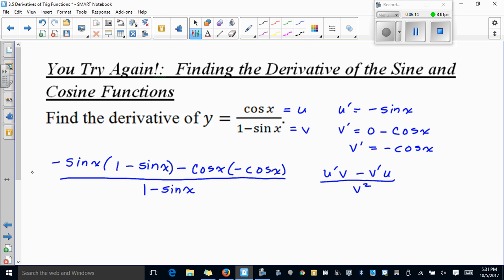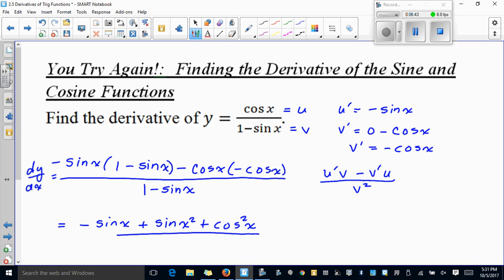So I get negative sine of x plus, two negatives make it positive, sine squared of x, two negatives make it positive, plus cosine squared of x, all over 1 minus sine of x. Ooh, this guy's squared. Can we say oops?